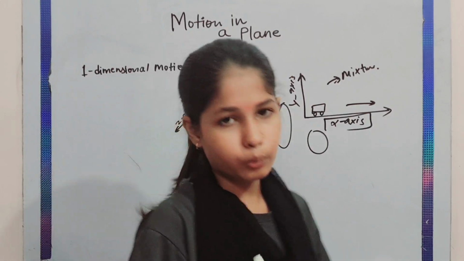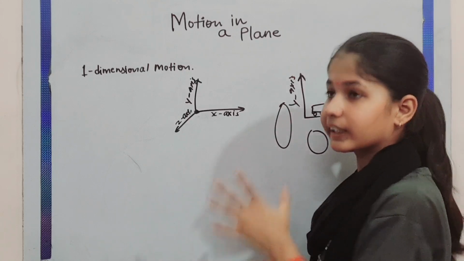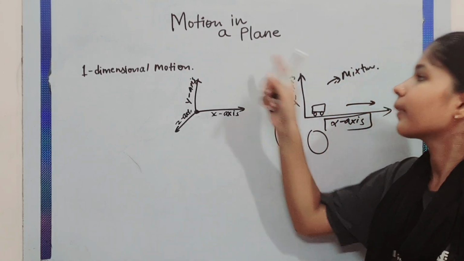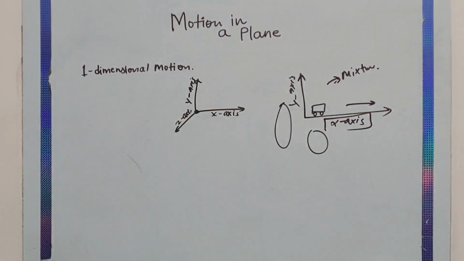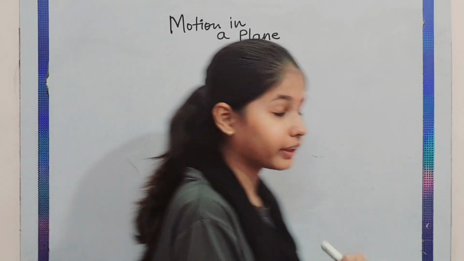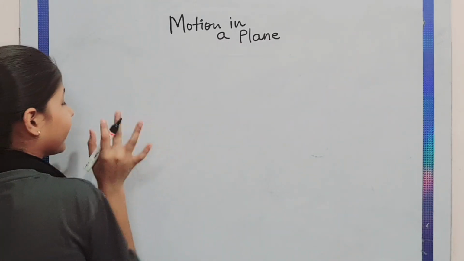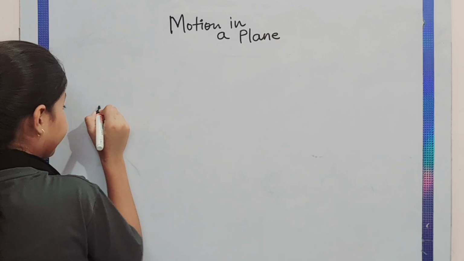Let's start our motion in a straight line, motion in a plane with that example. So first of all, let's come to the next topic to start our main topic, that is motion in a plane. Okay, so let's start. First of all, you have to just focus on this example.